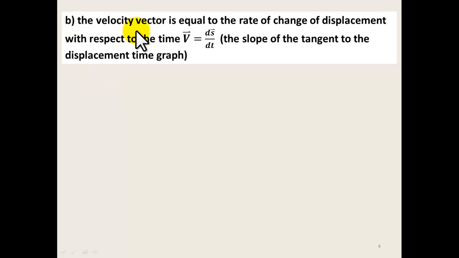B. The velocity vector is equal to the rate of change of the displacement with respect to the time. So v equals ds by dt. It is the slope of the tangent to the displacement-time graph.